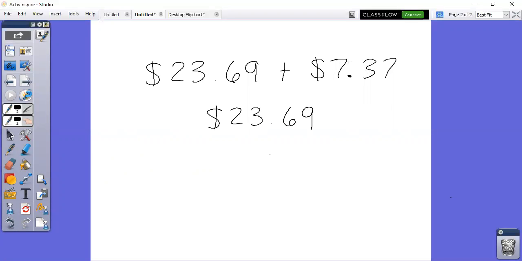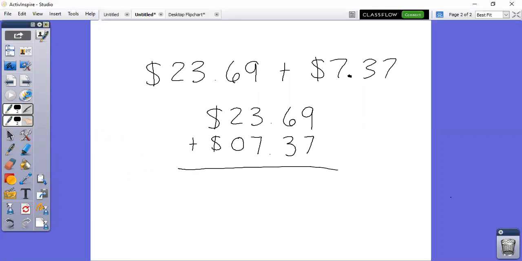The number to the right of my decimal is 3. So I'm going to put 3 right under the 6, okay? And then I need to also put in my 7, which means I can fill this in and put a 0 right here before I add, right? $7 is a lot different than $70, okay? So if you don't line up your decimals, you're going to make some mistakes, okay?